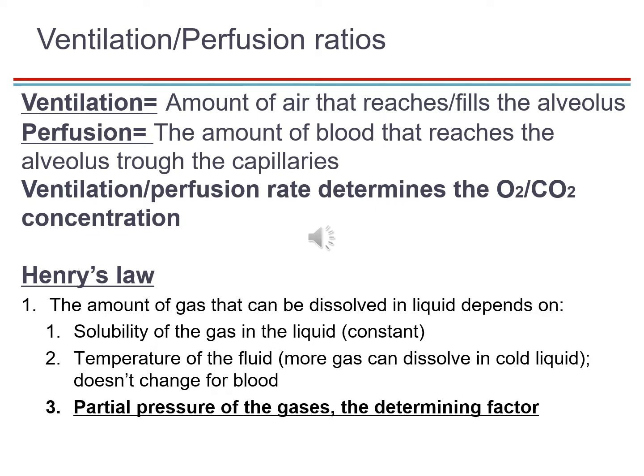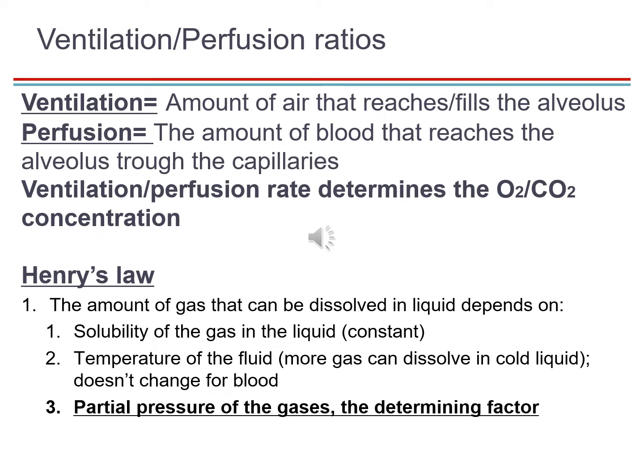To understand a little bit more about the ventilation perfusion ratios and about the physiology of the respiratory system, we have to mention Henry's law. Henry's law defines that the amount of gas that can be dissolved in a liquid depends on three factors.